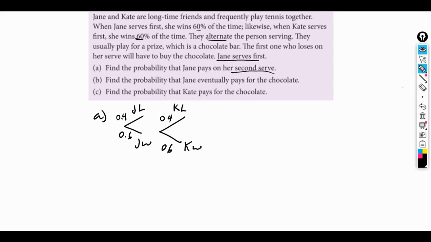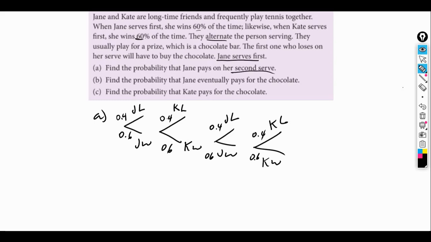After this, Jane serves. Jane can either win or lose, and again, 0.4 and 0.6. And this continues on, right? Next, we would have Kate winning or Kate losing, so 0.4, 0.6, and so on.